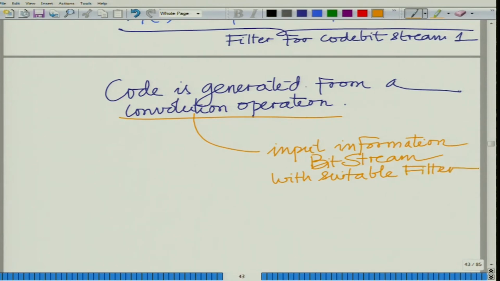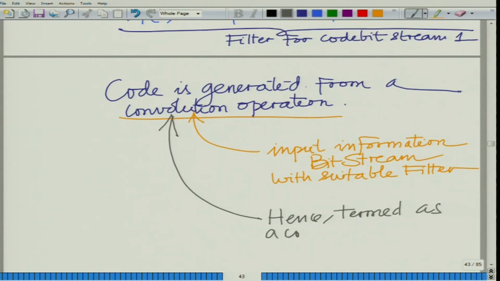Of course, the suitable filter is what determines the convolutional code. Hence, this is termed as a convolutional code.